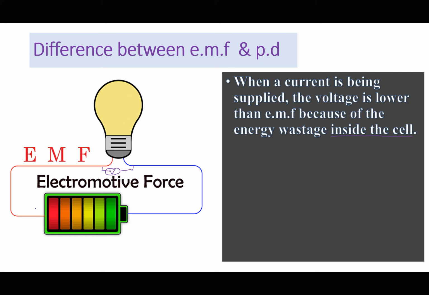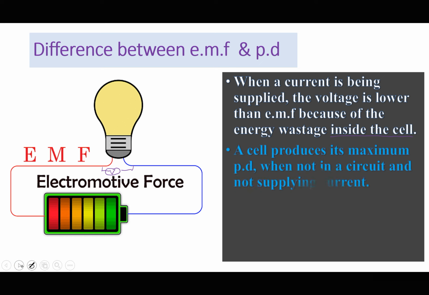It can't be more than the EMF because this would mean that the law of conservation of energy is violated. So a cell produces its maximum PD when not in a circuit and not supplying current. So if the cell is not supplying current, then it is producing its maximum PD, which is going to be the same as the EMF.